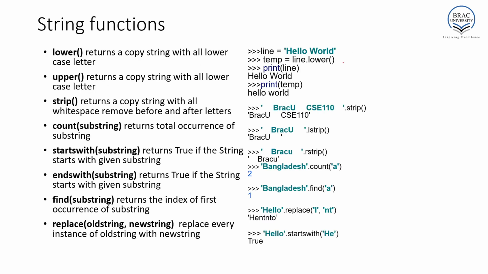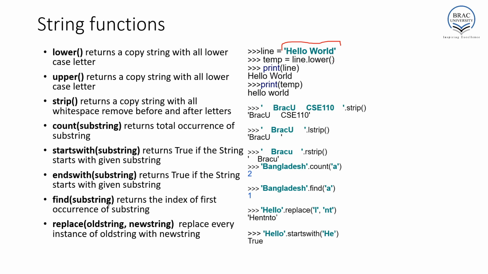Also, please remember that strings are immutable, meaning as I've declared a string here, I cannot change the characters of this string. As soon as this lower function is called on the string variable line, it automatically returns a new string similar to hello world, but in this case all the characters will be lowercase letters.